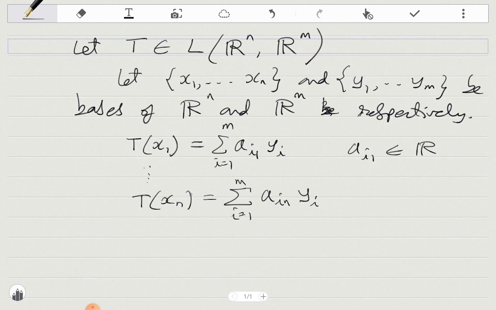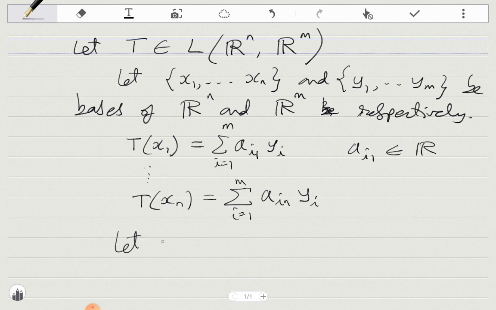So all the information about this T is encoded by its action on x1, x2, up to xn, and as these equations show, its action on Tx1 is given completely by these m numbers ai1, where i varies from 1 to m, and so on. So let us define this array.